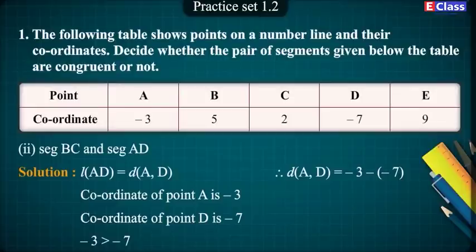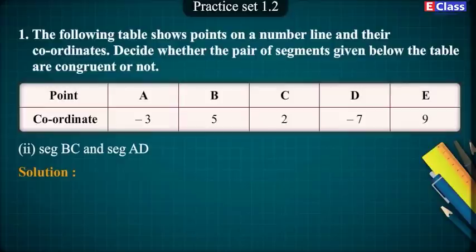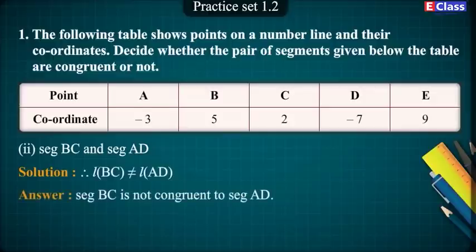Therefore, distance of AD is equal to minus 3 plus 7. Therefore, distance of AD is equal to 4. Therefore, length of BC is not equal to distance of AD. Answer: segment BC is not congruent to segment AD.